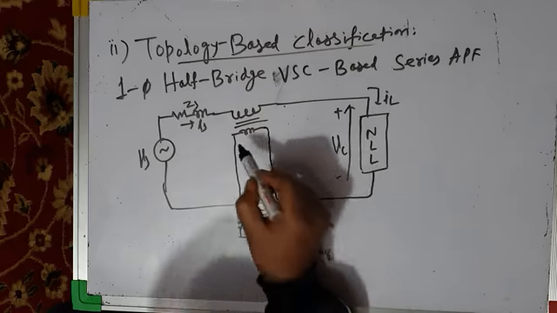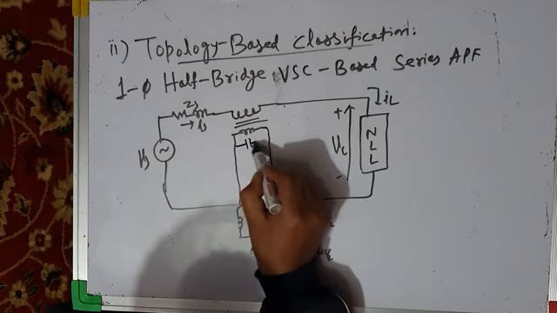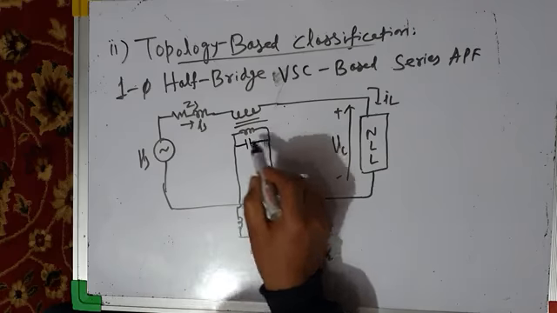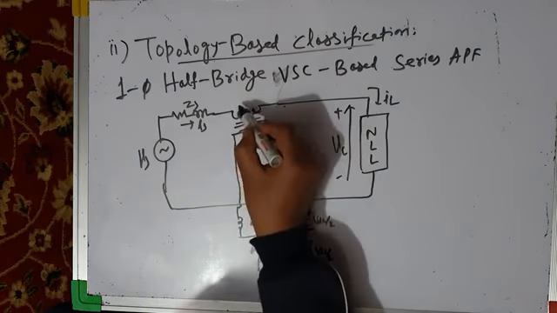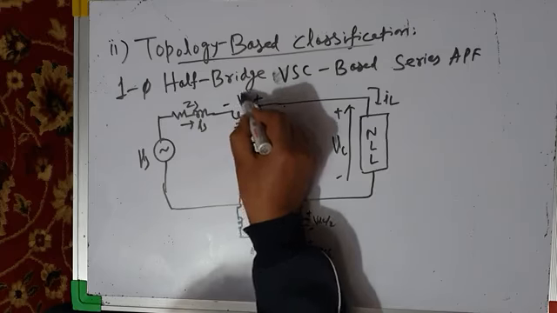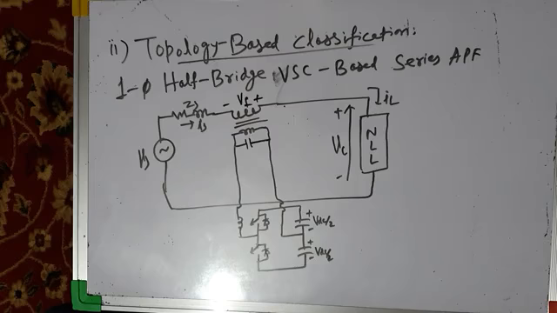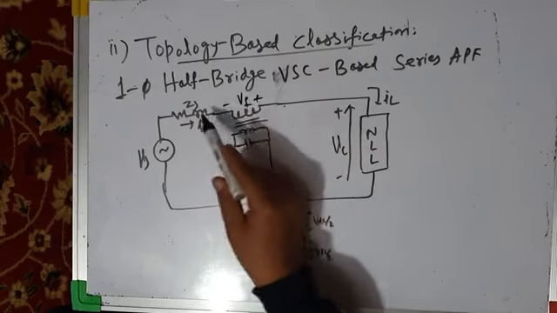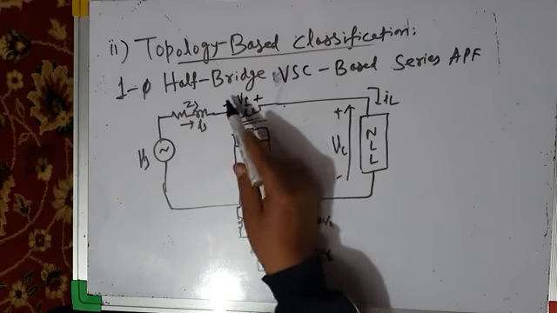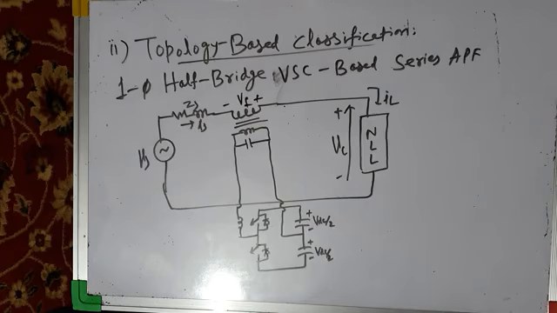You may have a ripple filter connected across the transformer primary or even the transformer secondary. And this is the injected voltage VF. So this is the circuit diagram of the single phase half bridge VSC based series active power filter.